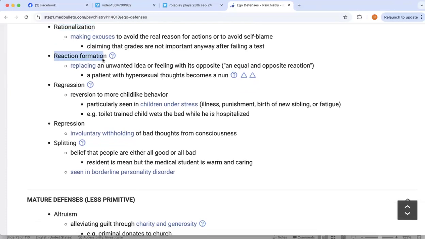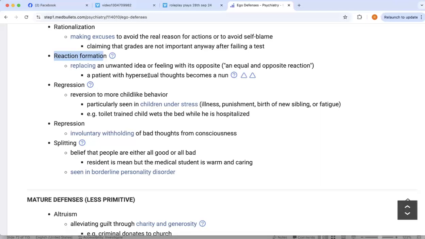Reaction formation. Very important for exam. It is when a person replaces an unwanted feeling with exactly its opposite. Like a patient with hypersexual thoughts becomes a nun.